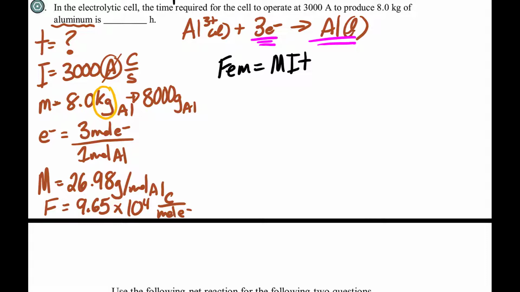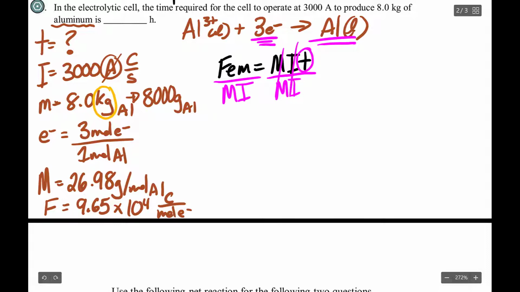Again, the reason why I have the equation laid out in this fashion, not the traditional way where they have it solving for mass, is because it only requires me to do one algebraic move in order to figure out what I'm solving for. So since I'm solving for time, I'm just going to divide the molar mass and the current to the other side. And there we go. I've done my one mathematical operation to solve for time.